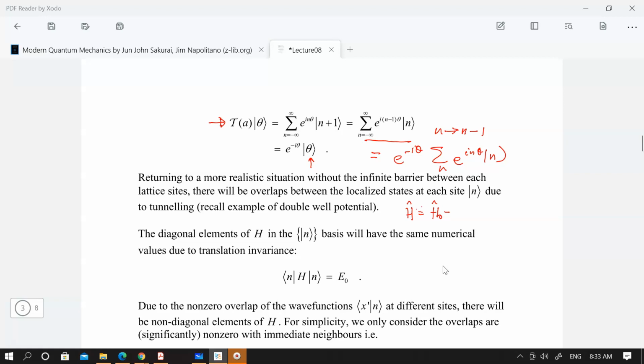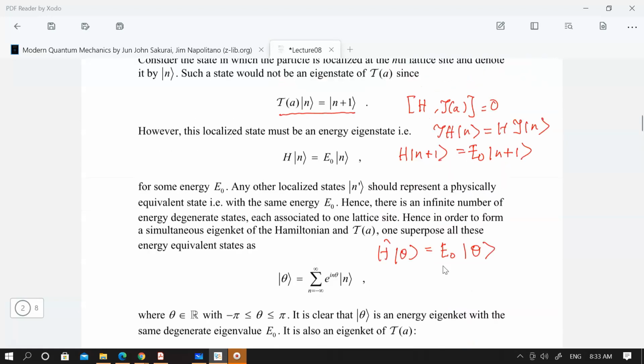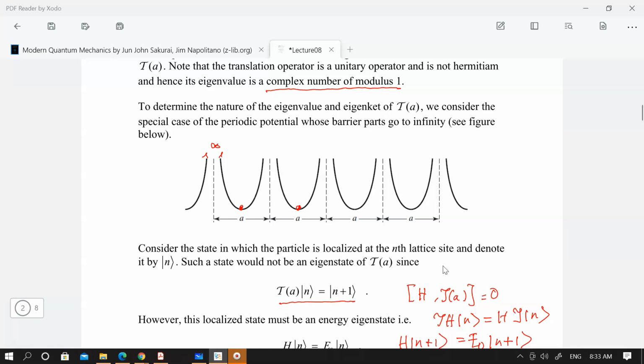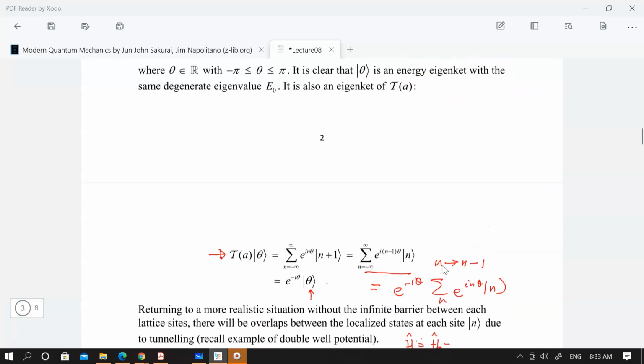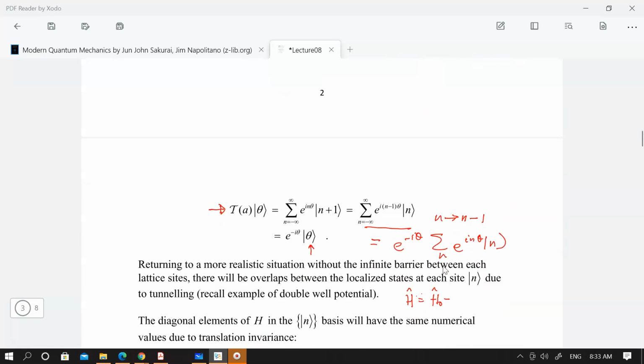In other words, what we want is to reuse these localized states that we had earlier, and use that as a basis in some sense. Then you have a Hamiltonian that gives you some possibility of tunneling between lattice sites. So in other words, this will involve some kind of interaction between sites.